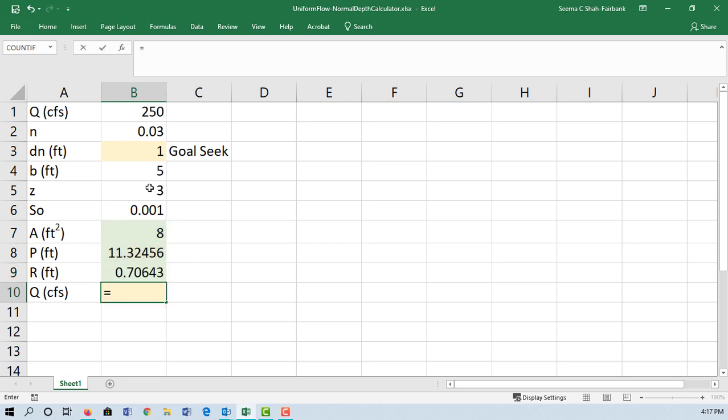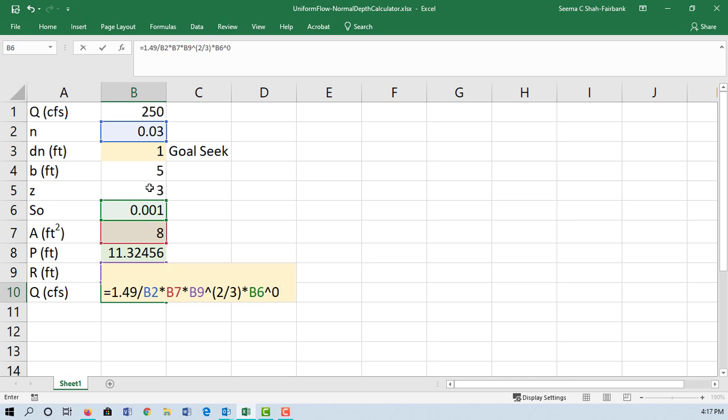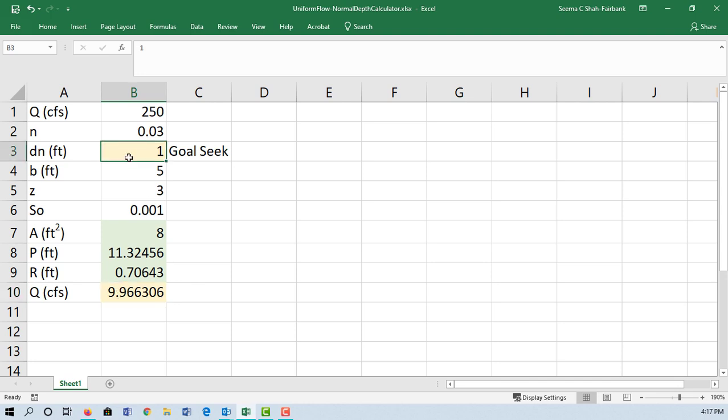Our flow rate is 1.49 divided by N times our area times our hydraulic radius raised to the 2/3 power times our slope raised to the 1/2 power. When we have a depth of 1, we're getting a flow rate of 10 CFS. If we have a depth of 10, we'll get 1600 CFS. If we have a depth of 5, we're getting 300 CFS.